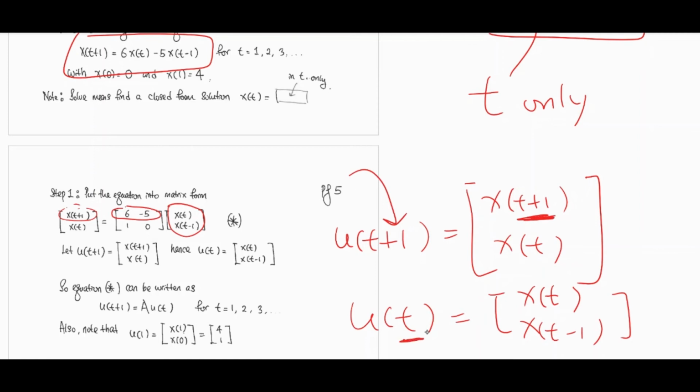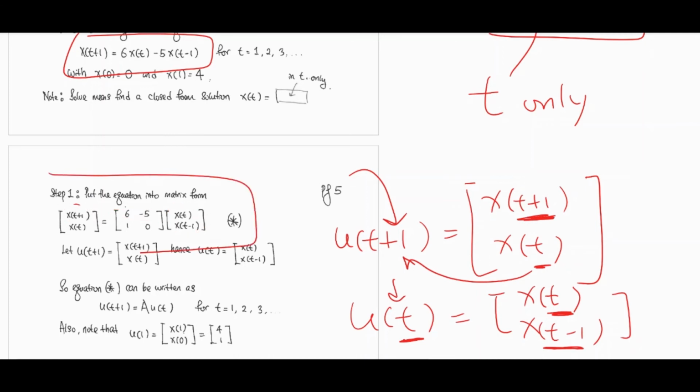If I do t, this has to match with this, and this one here is one term less than this. So if this is t, this has to be t minus 1. So the entire equation star right here, by using this terminology, can now be written like this. These are column vectors: ut plus 1 equals A times ut.